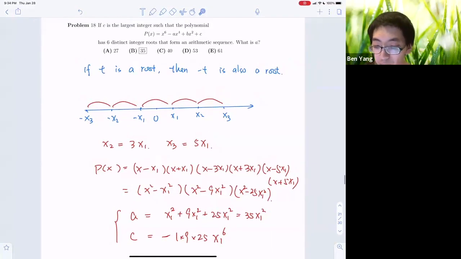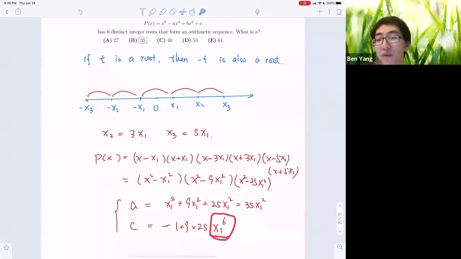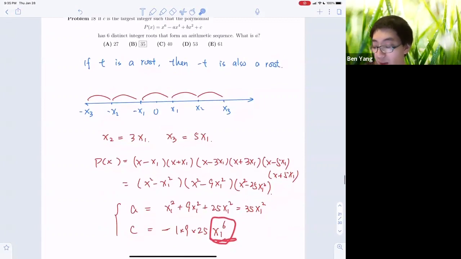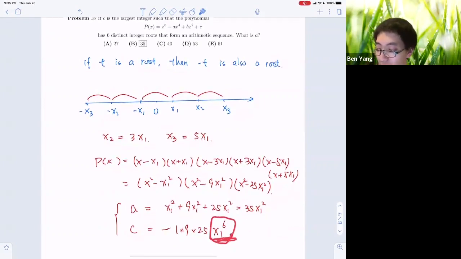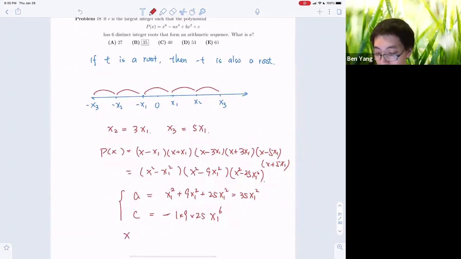We want C to be as large as possible. But here we see that C is a negative number. So that means we want the absolute value of x1 to be as small as possible. x1 cannot be 0 since we can only have distinct roots there. So x1 should be equal to 1. That's the smallest absolute value there.